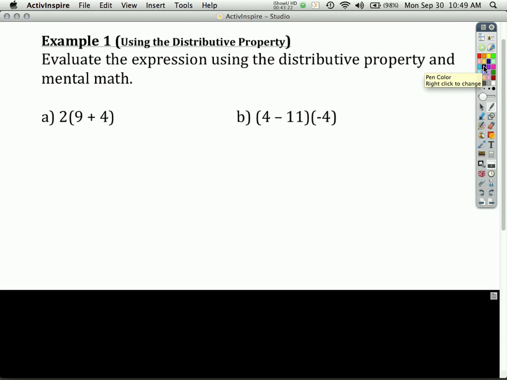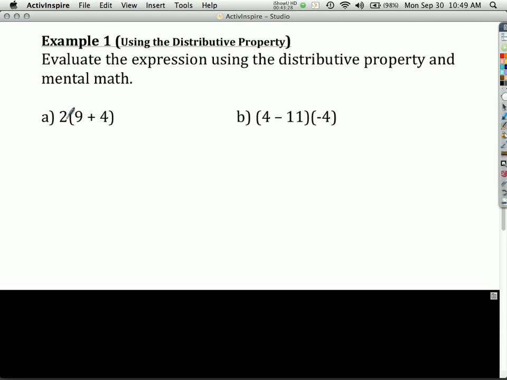So, this is an example of the distributive property. I can see it because there's parentheses, there's a number next to the parentheses, and then there's an addition problem inside. So what we do is we multiply. For the first bunch, we're going to rewrite it: 2 times 9 plus 2 times 4. Now simplify. Use mental math. 2 times 9, someone raise their hand and tell me what that is.